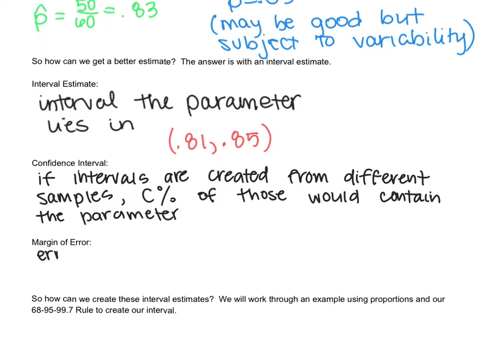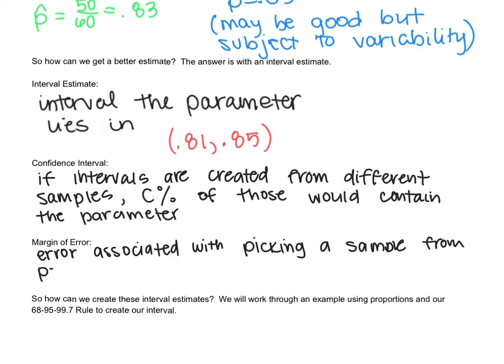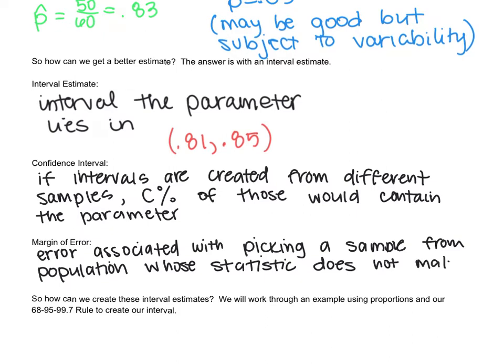It is the error associated with picking a sample from a population whose statistic does not match the parameter.